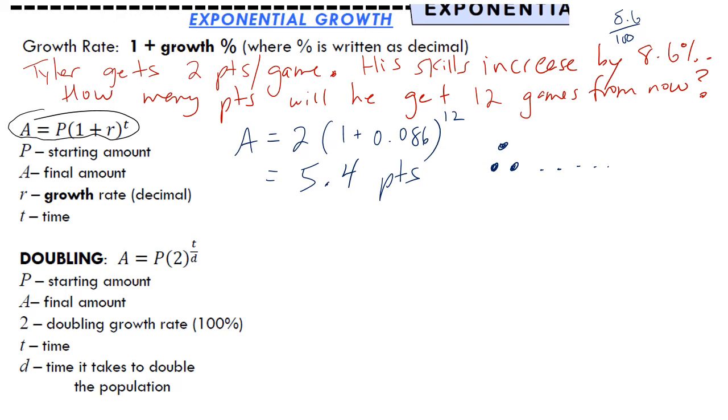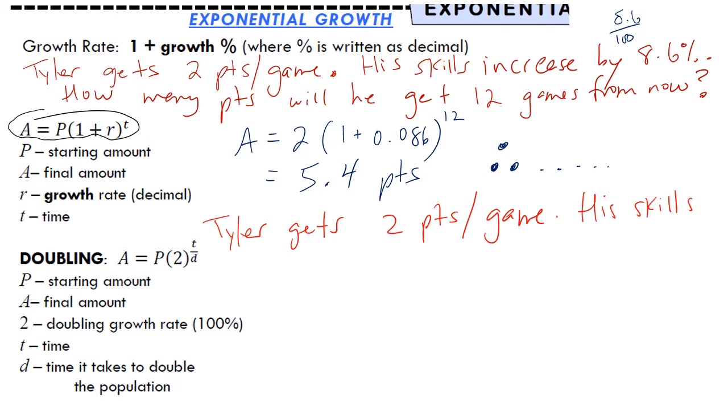So let's keep our kind of same example. Tyler still gets 2 points per game, but this time we're going to say his skills double, or his ability to get points.